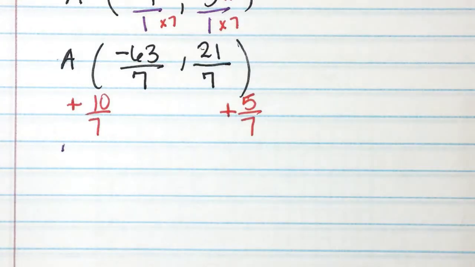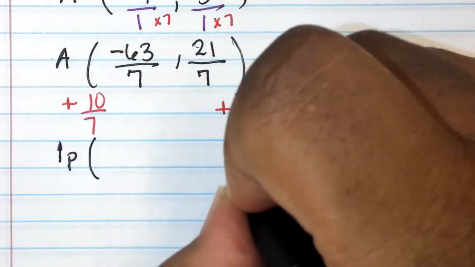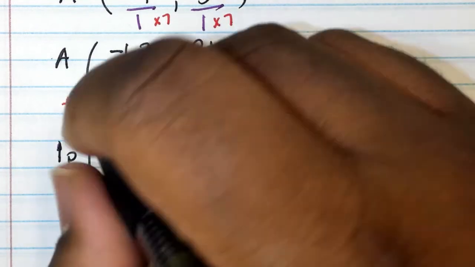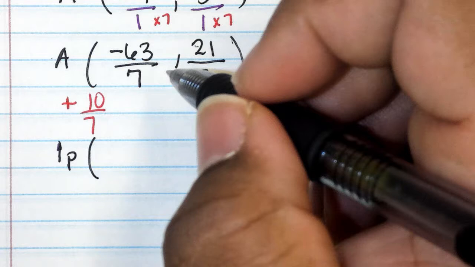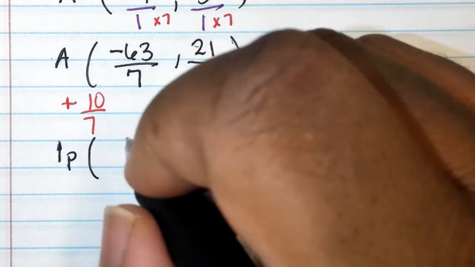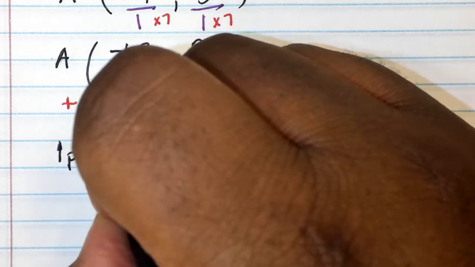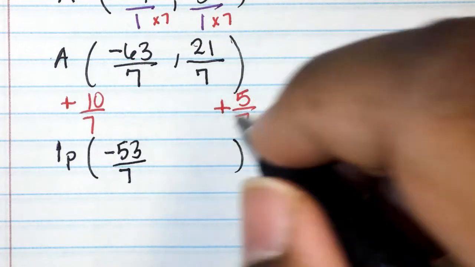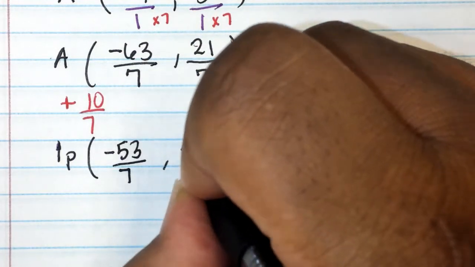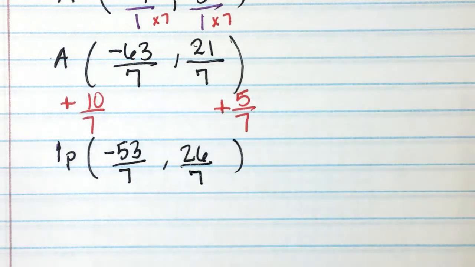So my first partition after I do that math is going to be negative 63 plus 10, negative 53 over 7, 21 plus 5, 26 over 7.